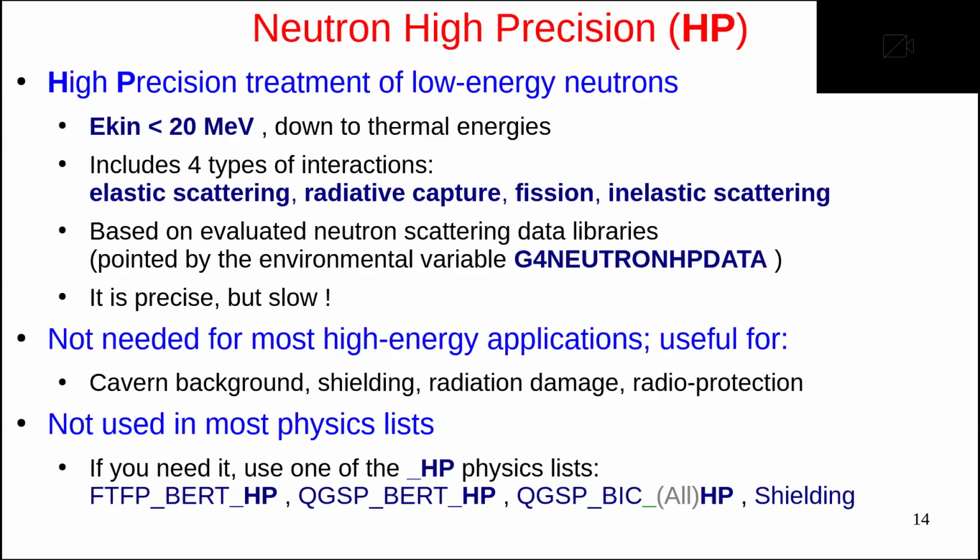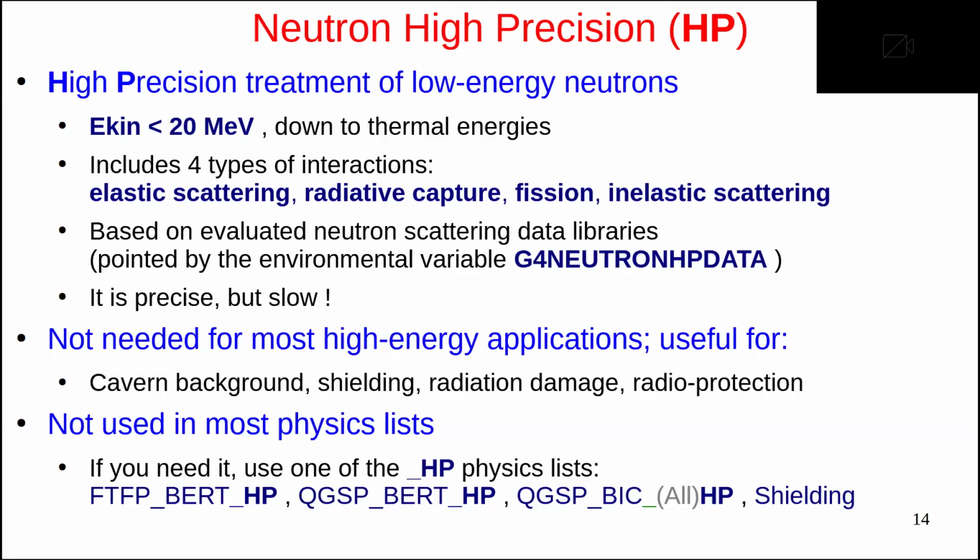So there will be 4 processes competing, each one with a cross-section, and the competition will be based essentially on the cross-section. The treatment is based on so-called evaluated neutron scattering data libraries. And as I said already Monday, it is precise but slow.